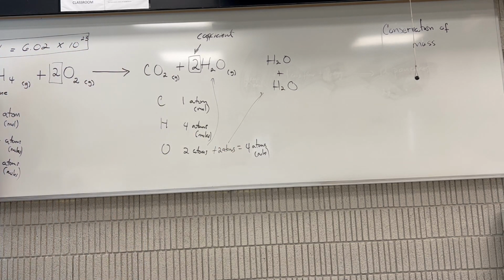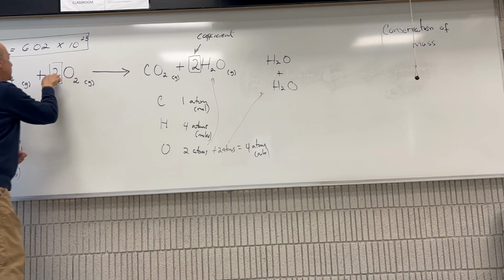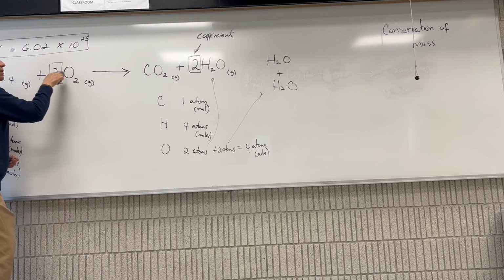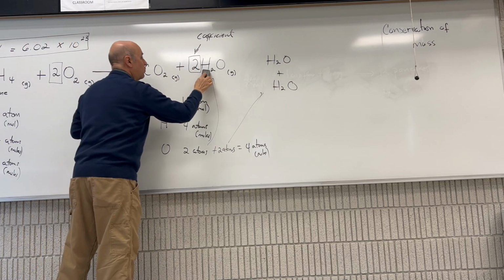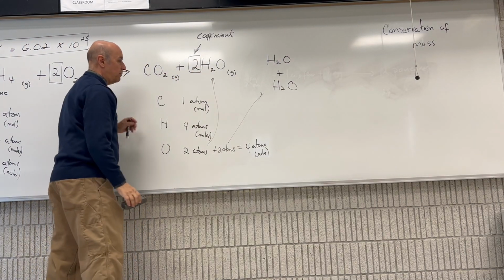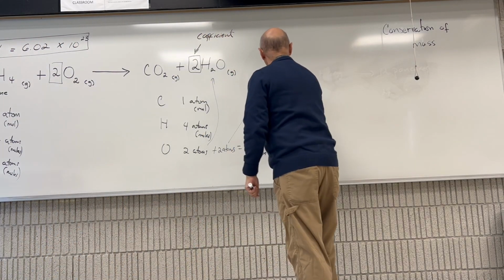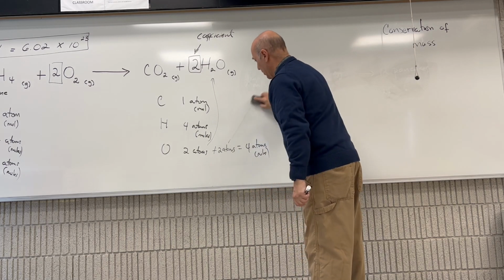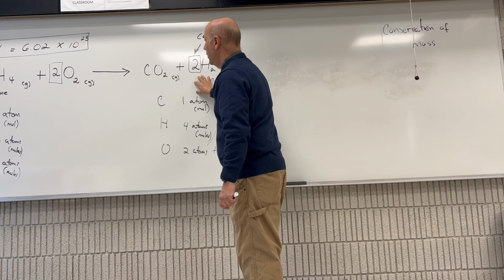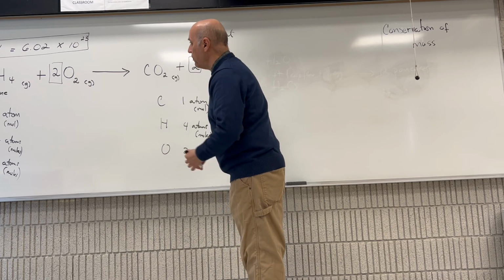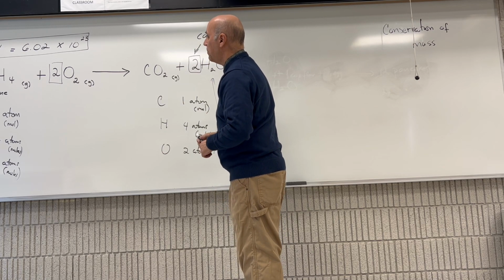Now we didn't touch anything else. When we added the 2 here, we did not touch that, we did not touch these, we did not touch the water. That 2 had been added in the previous step. So now we have the right amounts of ingredients with the right amounts of products on both sides with the proper formulas, because we always start with the proper formulas.